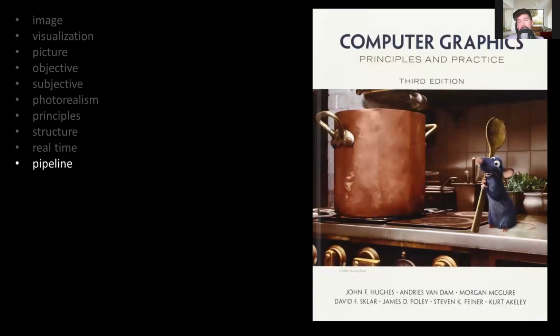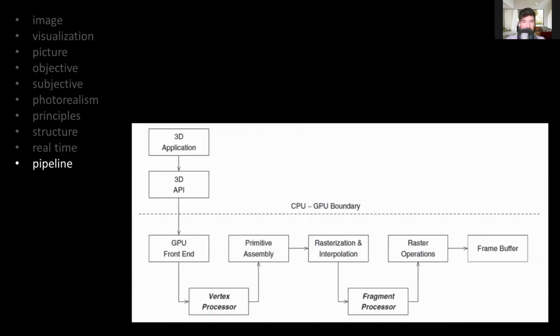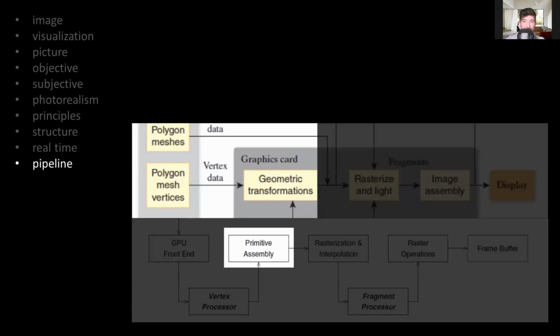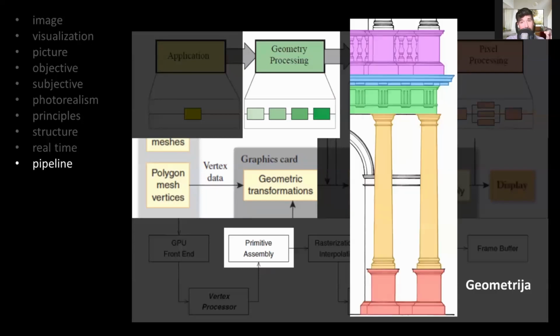So when we understand how the graphics rendering pipeline works, we can take a look at Computer Graphics: Principles and Practice, where it's depicted like this, or the GPU-based interactive visualization techniques, which depicts it like this. However, regardless of the principles, we have the primitive assembly, or the geometric transformations, or the geometry processing as the first part, which coincides with the first principle that we use for the photorealistic depiction, which is the geometry.